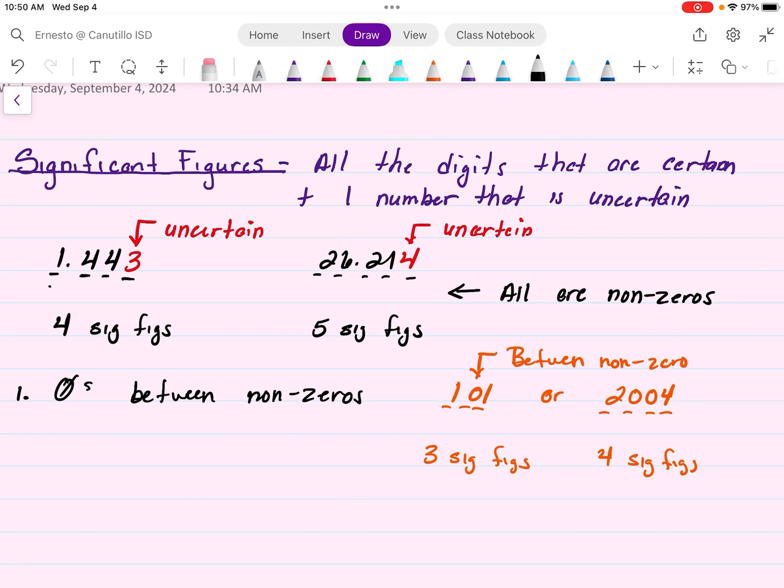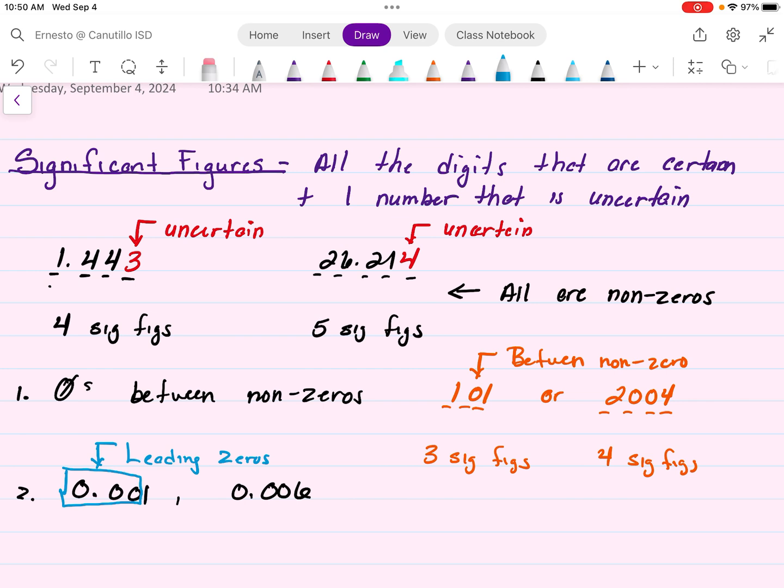Let's go to rule number 2. Rule number 2 says that zeros that are in the front, like 0.006, things like this, are called leading zeros. So we're going to put these in blue and box them in here. What this means is that they're only there so you know where the decimal place needs to be. So they act as placeholders.